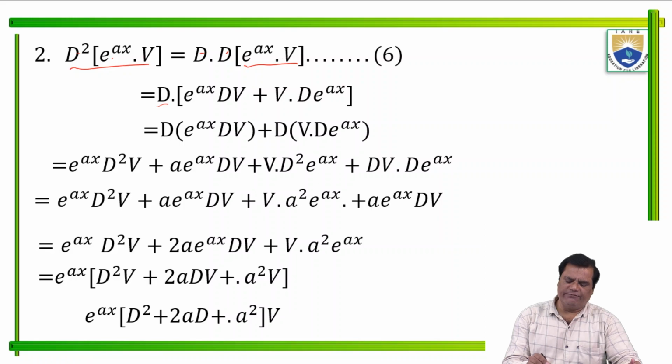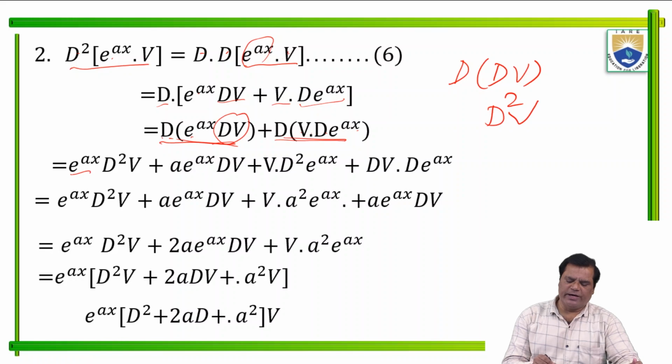So D is the same as: differentiating with e to the power ax constant, the differential of v, plus v constant, the differential of e to the power ax. Again differentiating, we get e to the power ax into Dv plus the differential of v into D of e to the power ax. There are two parts, and in both parts we apply the product formula. Here e to the power ax is constant, and differentiating Dv again gives D square v.